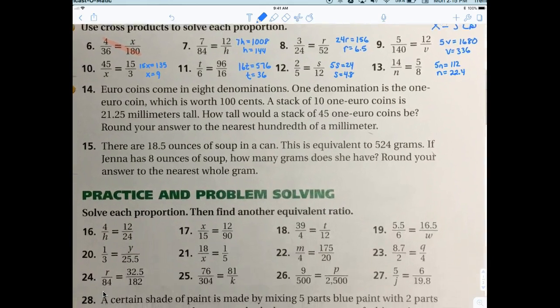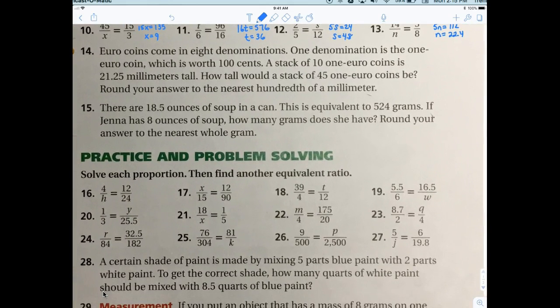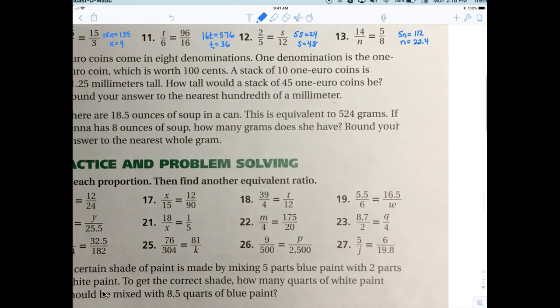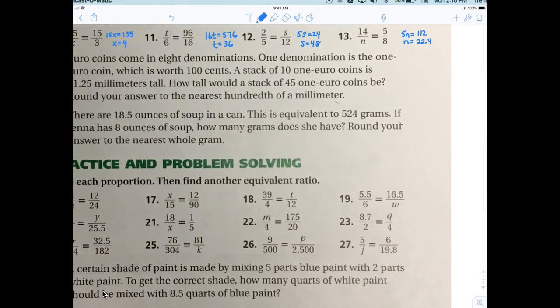All right. Listen, everybody. Euro coins come in 8 denominations. One denomination is the 1 euro coin, which is worth 100 cents. So right now, I want you to write this down. 1 euro is worth 100 cents.